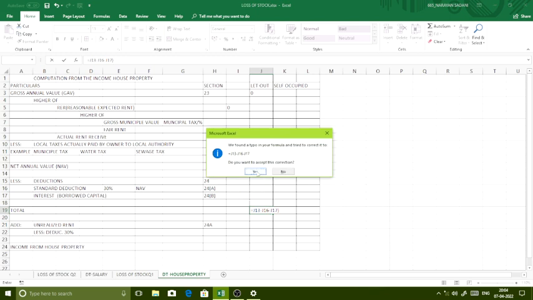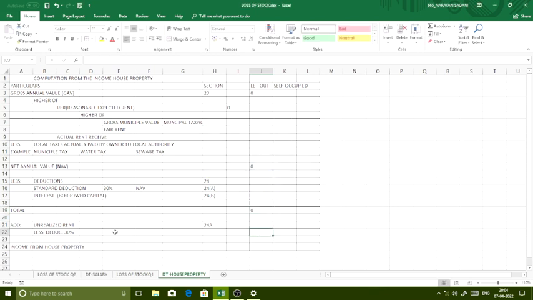Then we add whatever is remaining, minus the deduction, and we get the income from house property. Here the section number will be 25, unrealized rent.